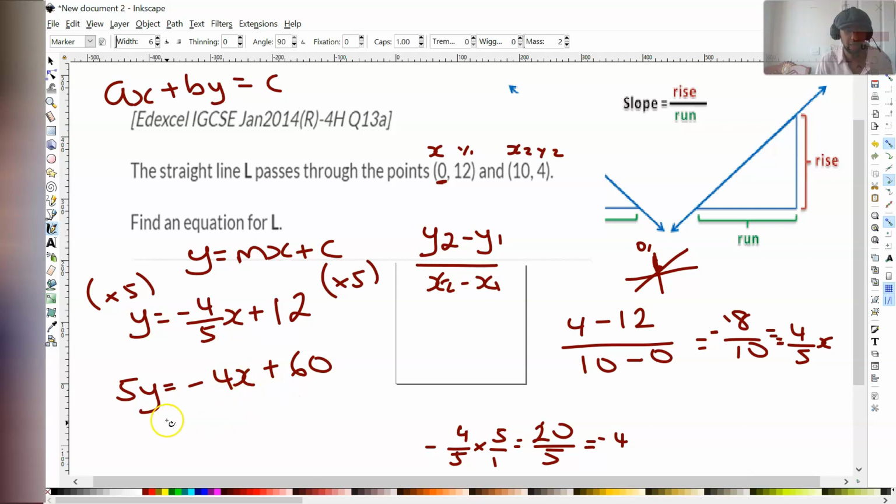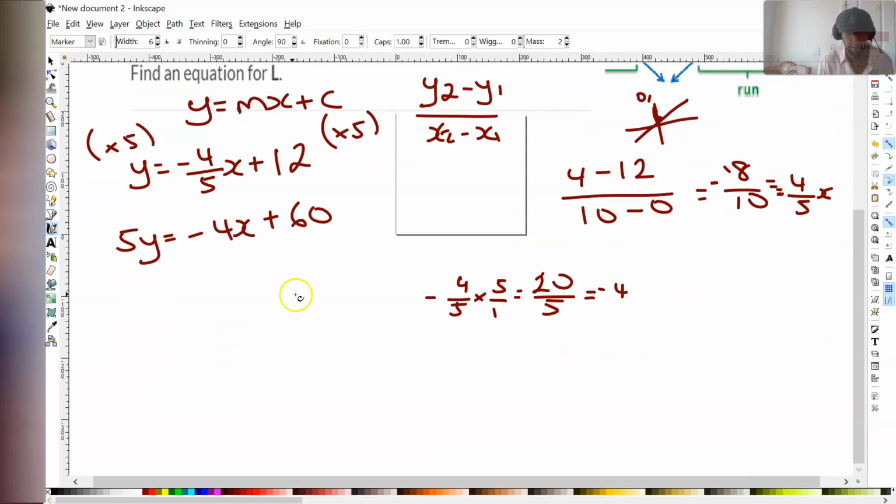What we now have is the following: 5y equals negative 4x plus 60. Remember what I said, we want it in the form ax plus by equals c.